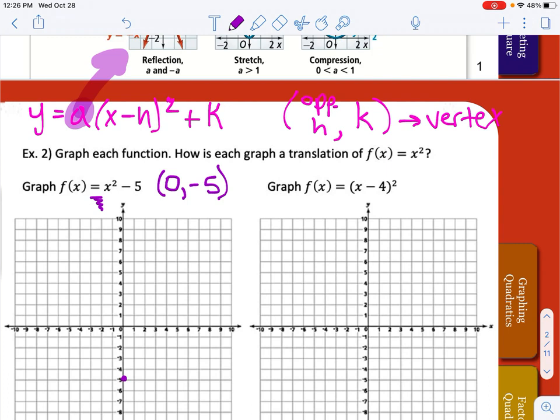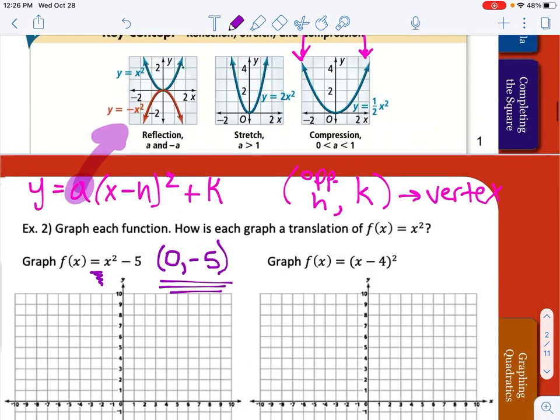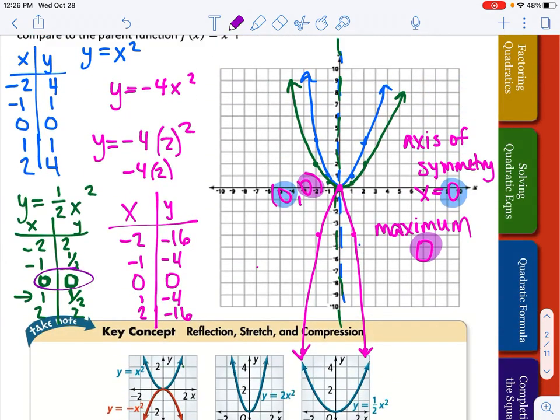That means we don't have a reflection, we don't have a stretch or compression. If we were to have that, I suggest writing out a table and then solving each individual number using the table, and this as your center value, like we had 0, 0 for each of these.